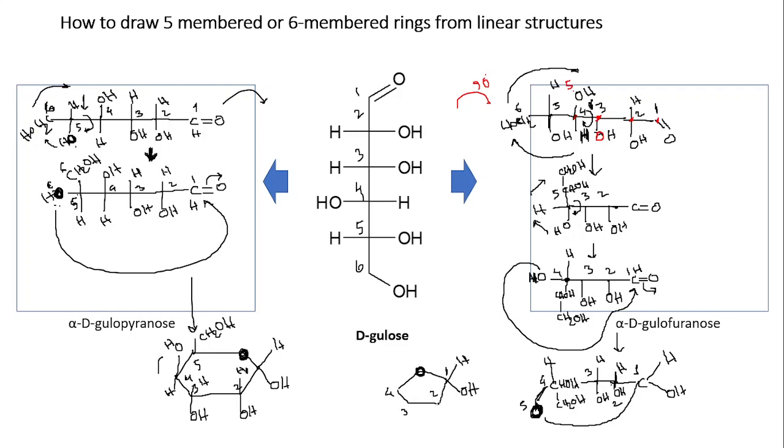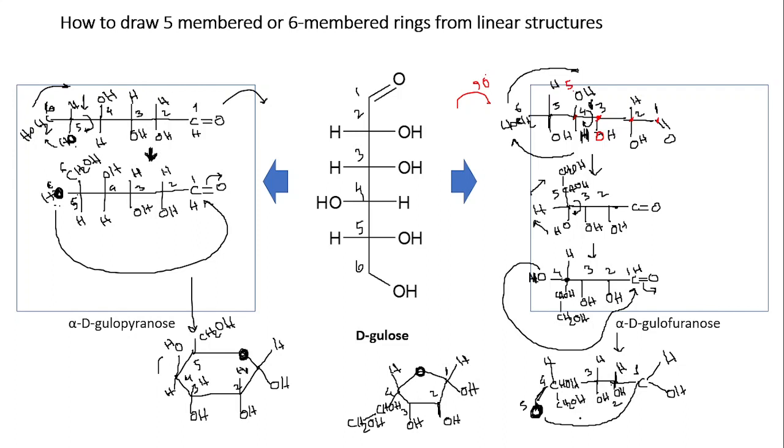So position number 2, OH pointing down. Okay. Position number 3, OH pointing down. Position number 4 has a CH2OH, CHOH and a OH. So that is like this. Okay. H and a CHOH and CH2OH. Okay, so that is what is happening here. Okay, so that is how we are drawing a 6-membered ring here.